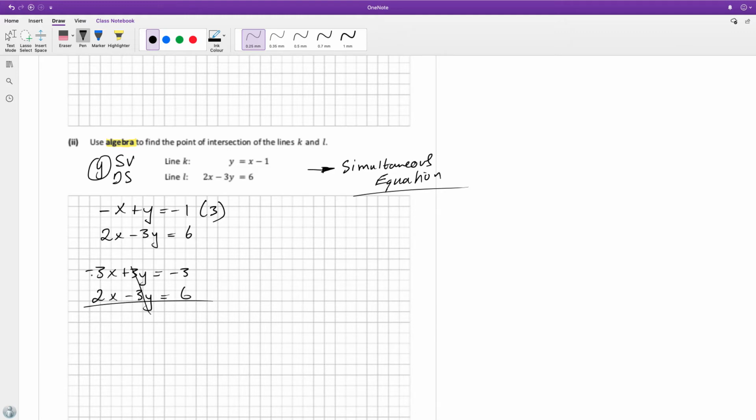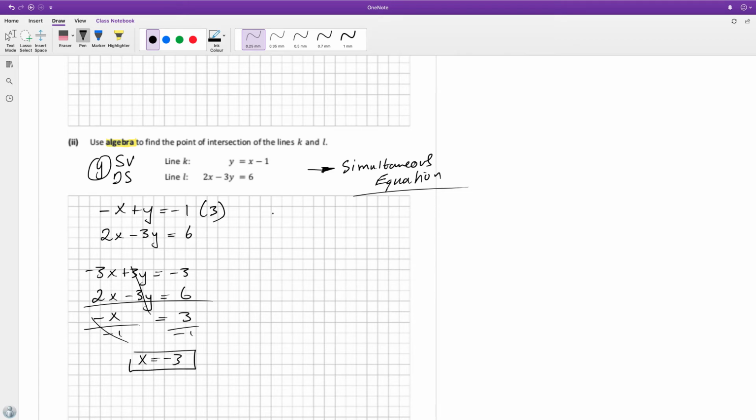These are going to cancel. Minus 3x plus 2x is minus x is equal to minus 3 plus 6, which is 3. Divide by minus 1. x is equal to minus 3.